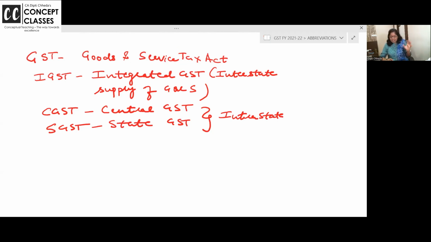Then we charge CGST, 50% of the tax goes to the center, and SGST, 50% of the tax goes to the state. I'm purposely giving you the terms first so that when I use them, we have not started the introduction. UTGST: we have union territories in India, which is the latest declared union territories in India.